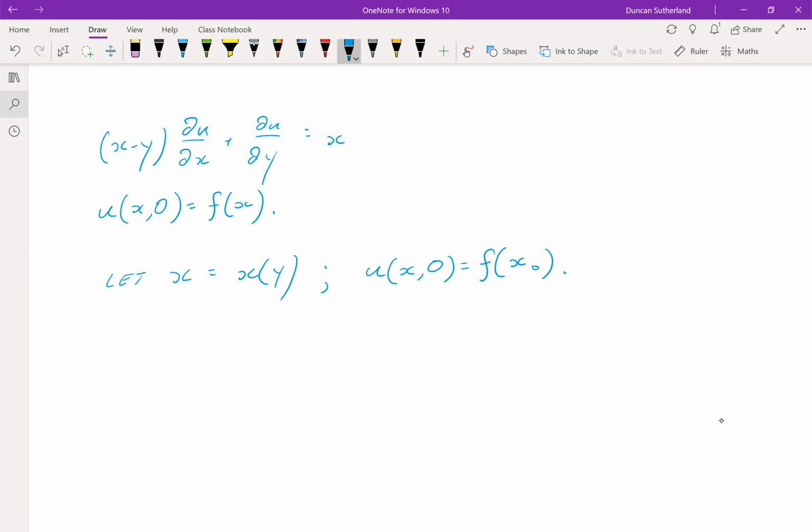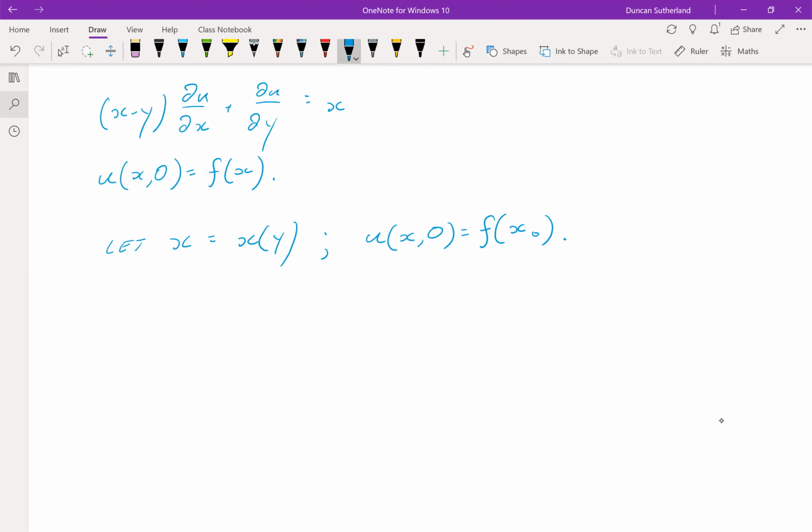Once we live on the characteristics, we can see what happens to u by the chain rule, right? We're interested in du/dy, the total derivative of u. By the chain rule, that's the partial derivative plus dx/dy times du/dx.